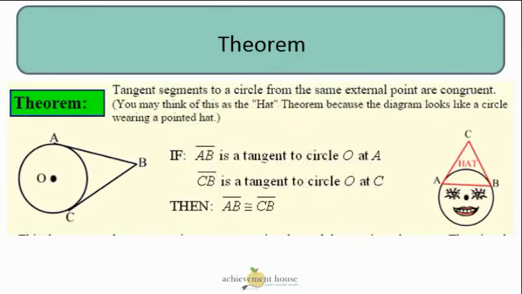Another theorem about tangent lines: tangent segments to a circle from the same external point are congruent. So an external point is just a point that's outside of the circle.